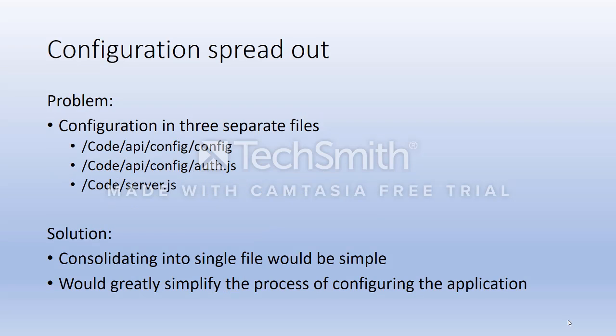Next issue, the configuration for the application is spread out into 3 different files. If you went through the installation and maintenance video already, you saw this. You saw that you had to go into each one of these and change some specific configuration, especially in the production server. It would be relatively easy to consolidate these 3 files into a single one.